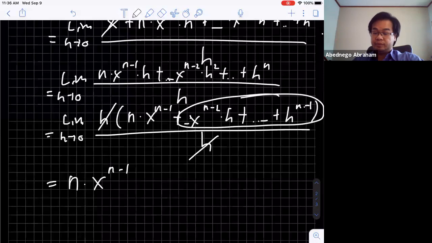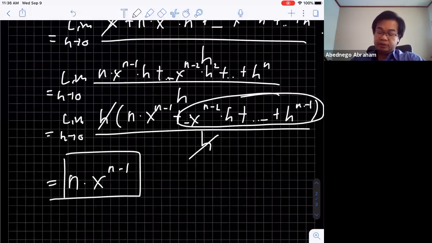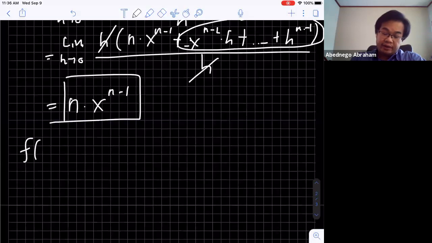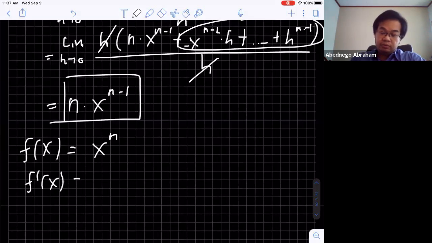Okay. So now we get the first formula for the derivative. If f(x) is equal to x to the power of n, the derivative f prime of x will be equal to n times x to the power of n minus 1. Okay.